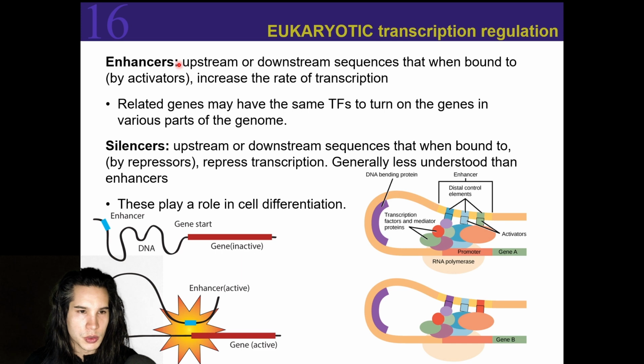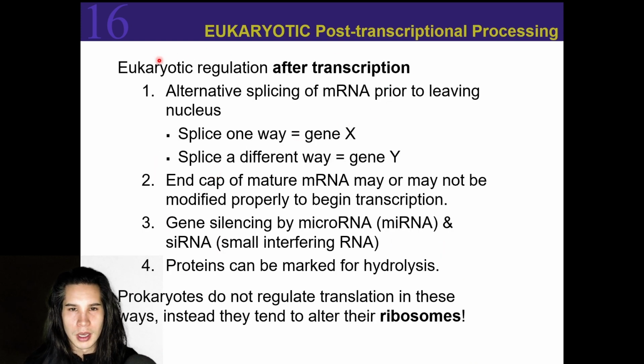So we have enhancers, which are stretches of DNA bound by activators, and silencers, which are stretches of DNA bound by repressors. The names are kind of self-explanatory. Enhancers bound by activators will enhance or activate transcription, and silencers will silence transcription when bound by repressors, which repress transcription.